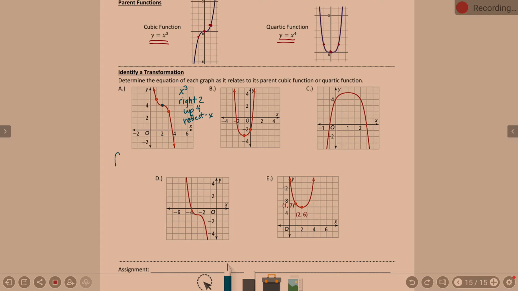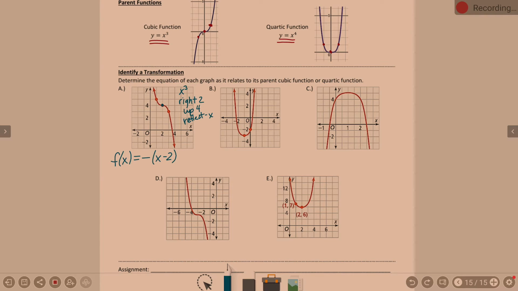I don't remember if the homework uses f of x equals or y equals, either or. We said there was a reflection. Reflection is expressed by a negative, and that negative is going to be out front. So we're going to have negative of what? What else do we need to include here? Right 2 is x minus 2, because left to right is in parentheses, opposite the sign.